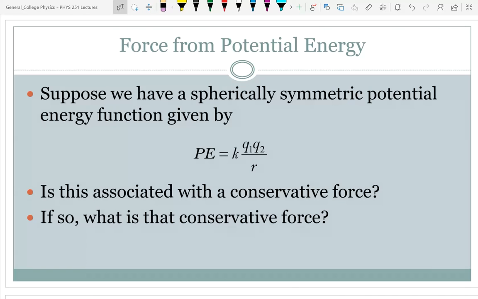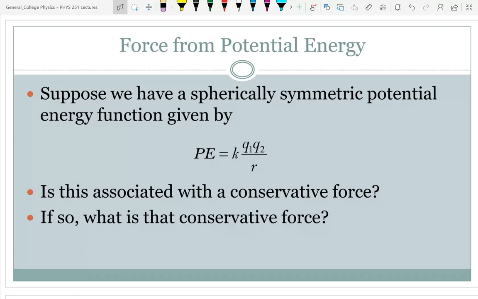The answer is yes, because it is a potential energy. Potential energies are always associated with a conservative force. I say always. I think there are a few crazy situations, but as far as you're concerned, potential energy is always associated with a conservative force. So the fact that there is a potential energy means that there is a conservative force associated with it. And then our job is to find it.